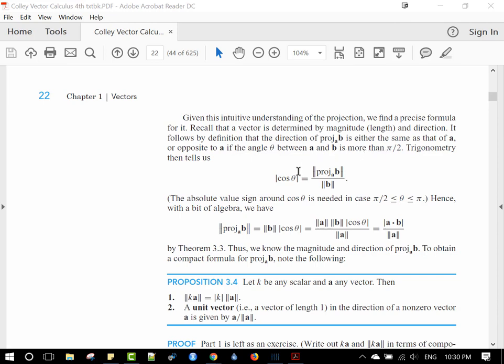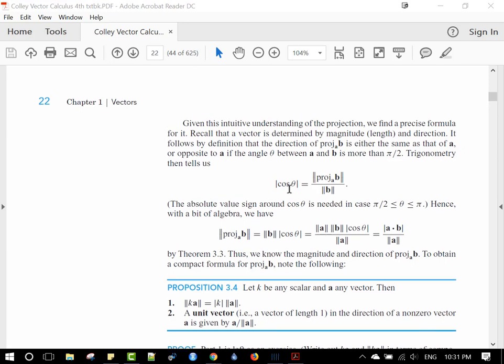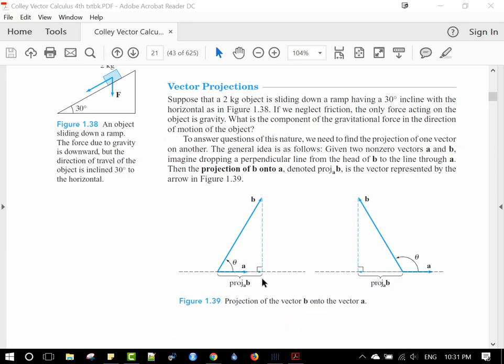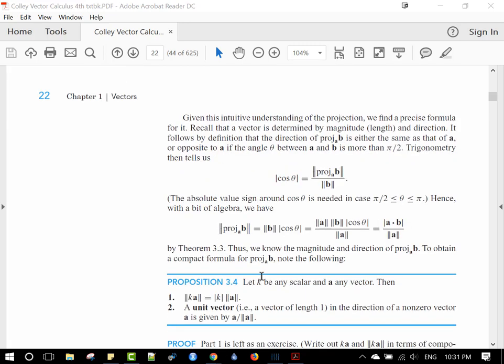Trigonometry tells us that the magnitude equals the size of this divided by the size of B. I guess that's from trigonometry. It looks pretty familiar.